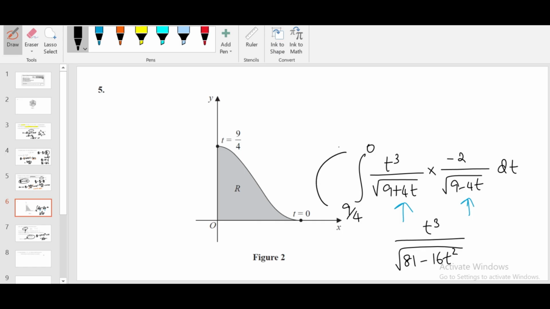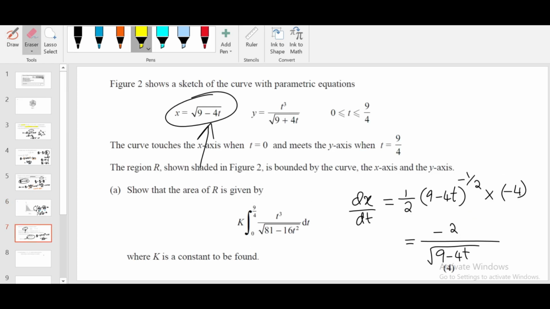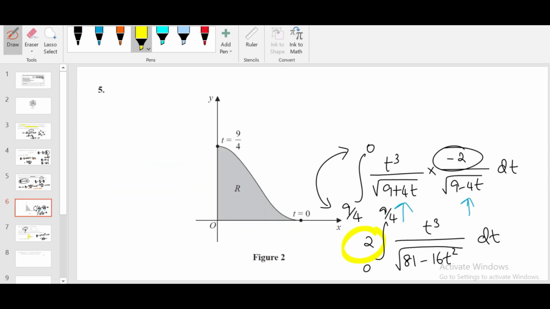If you flip these two limits, it becomes 0 to 9/4, but you need to put a minus in front. But you already have a minus, so it becomes positive 2 dt. Why did I flip the limits? Because they want the limits as 0 to 9/4. So the value of k is equal to 2 in this case.